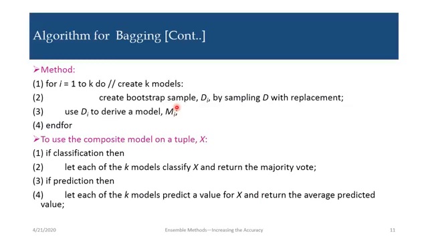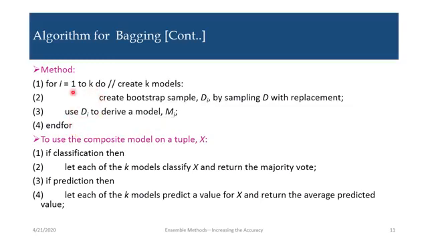How can we prepare that? With the sampling technique of D with replacement. Use Di to derive the model Mi. Di is a partition of the data where we only have the training tuples, and we know that the training tuples are used to make a model. So use Di to derive the model Mi. Now end for.